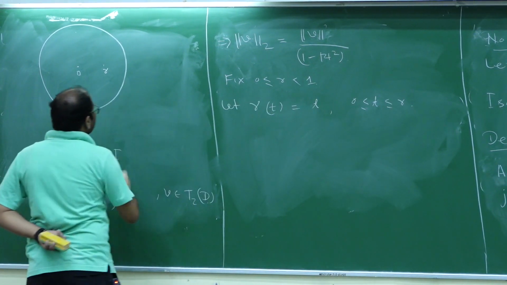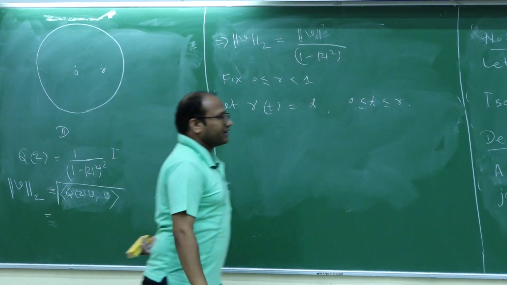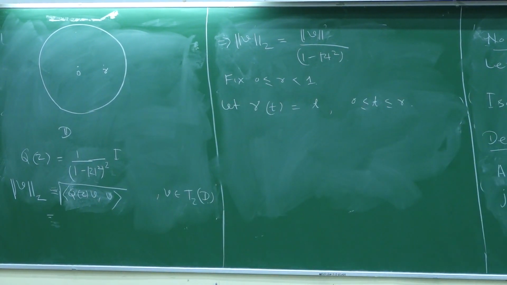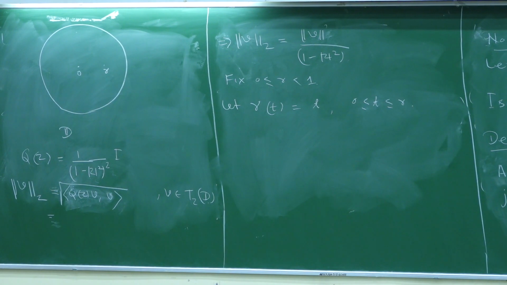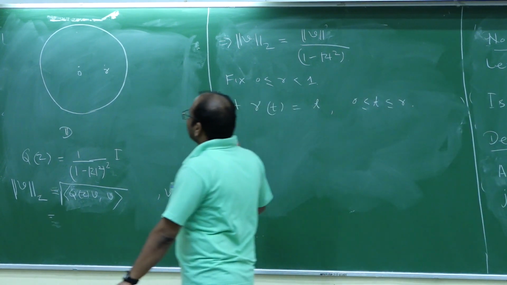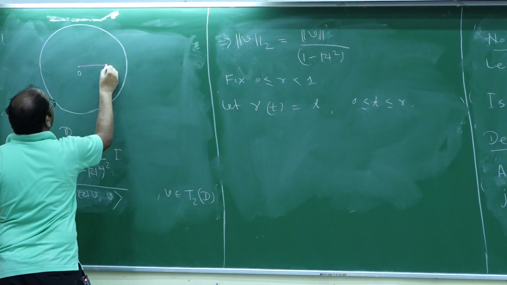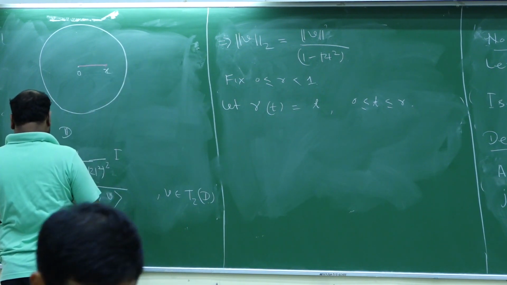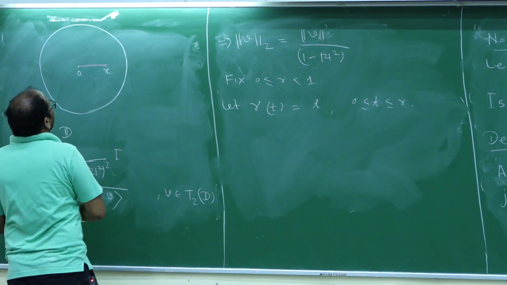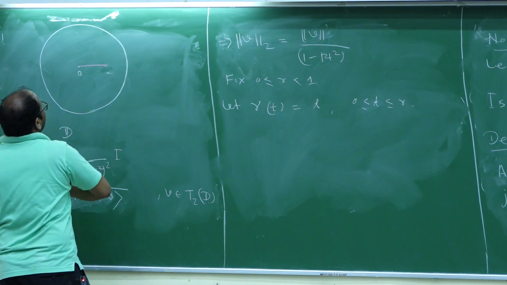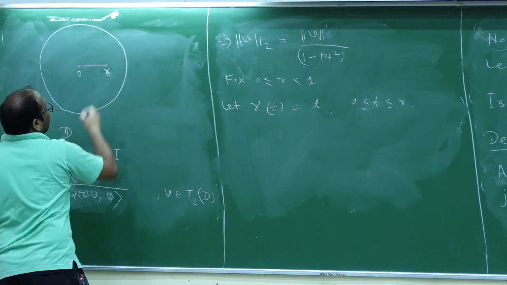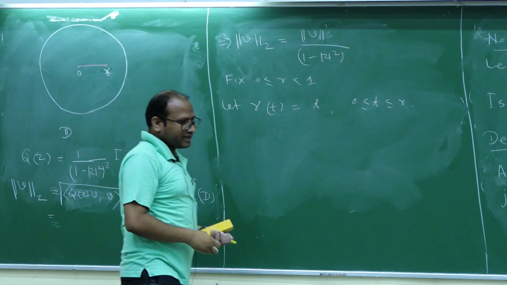So this is the curve basically, gamma. So I want to show that this curve gamma is a geodesic. This is my curve gamma. So I want to show that this gamma is a geodesic joining 0 to 1.